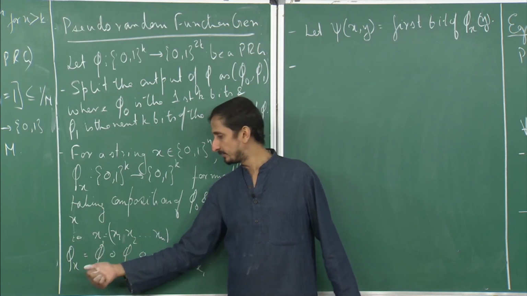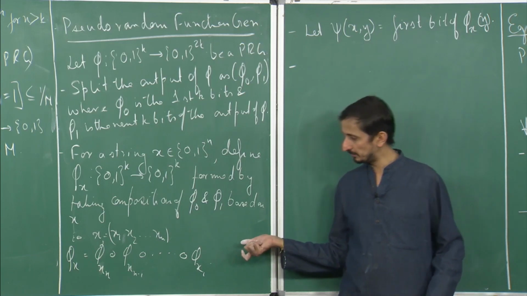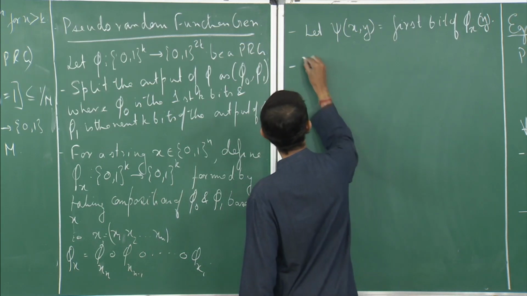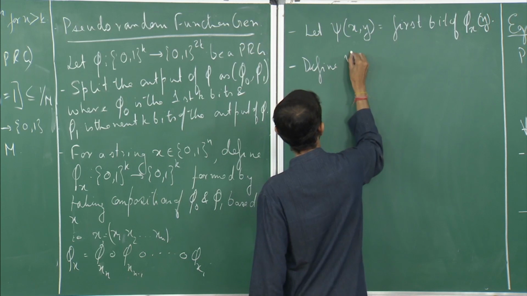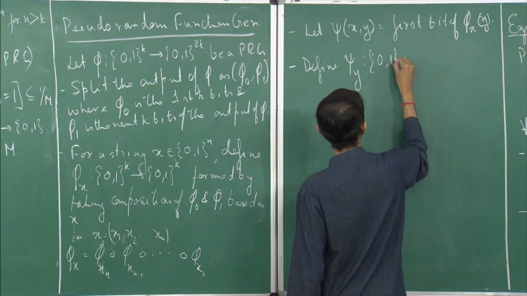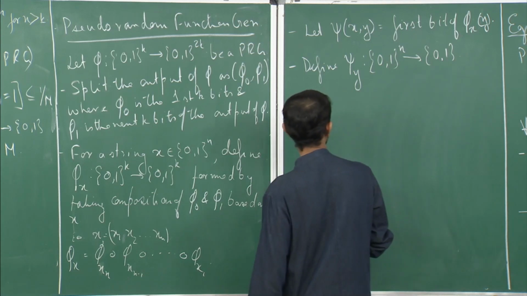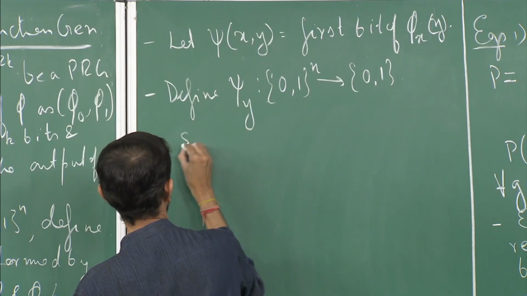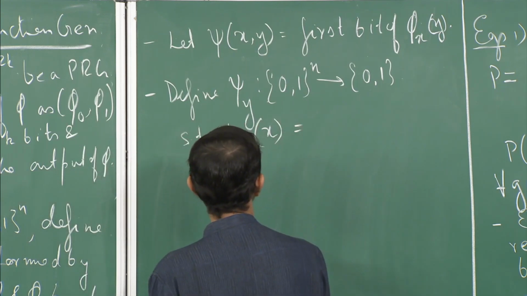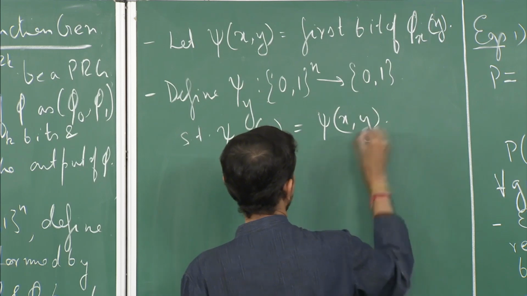And now what we will do is that, here what we were doing is our input was y and it was indexed by x. Now we will flip this idea. We will index it using y and the input will be x. Okay, so define chi of y as a function from 0 1 to the power n to 0 1 such that chi y of x is equal to psi xy.